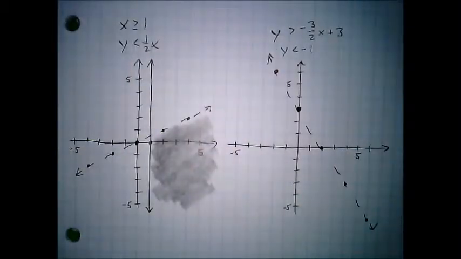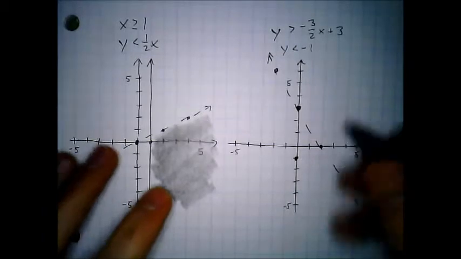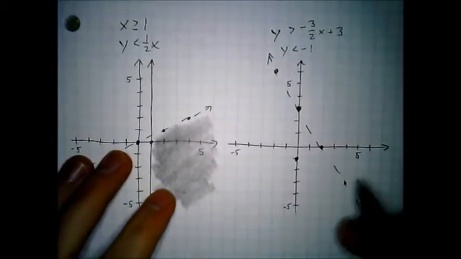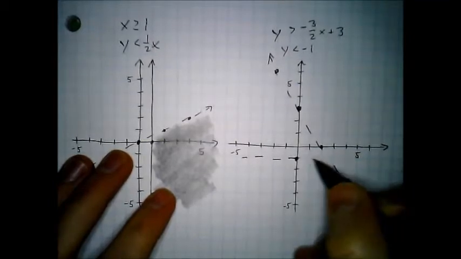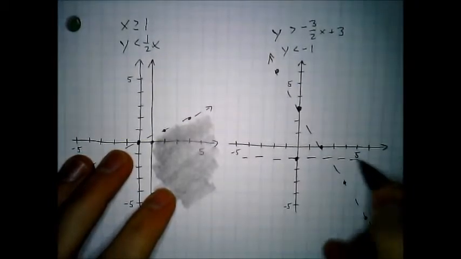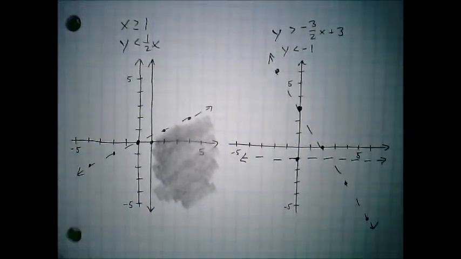Now we're asking, where's the boundary line y equals -1? Well, if we want y to always be -1, that's just a horizontal line at -1. And it's dashed because this is just less than.